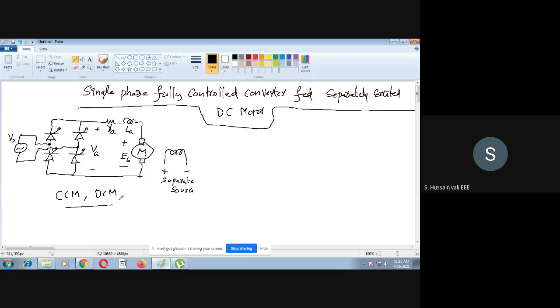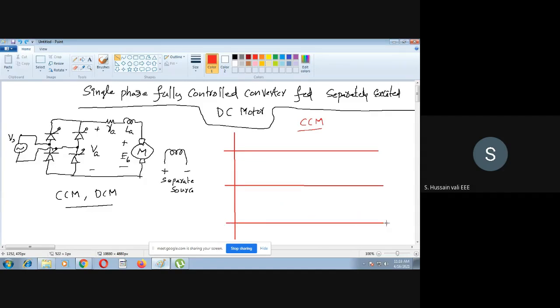First we will discuss the continuous conduction mode here. So we need to draw the waveforms here.